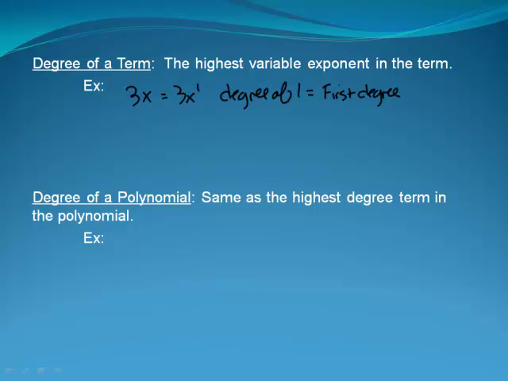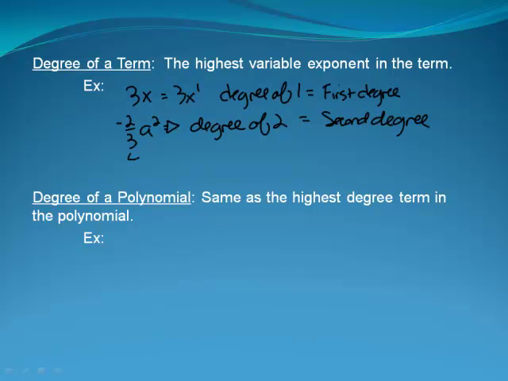Okay? Another example, if you had -2/3 a squared. Again, we're interested in the variable piece of that term. The highest variable degree or power is 2, and therefore that's considered a second degree term or degree of 2.